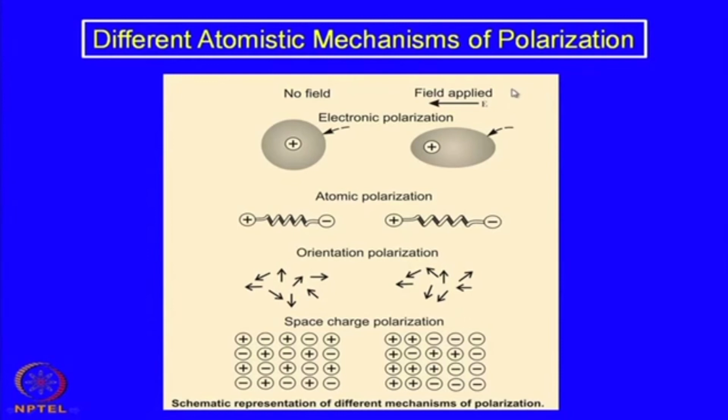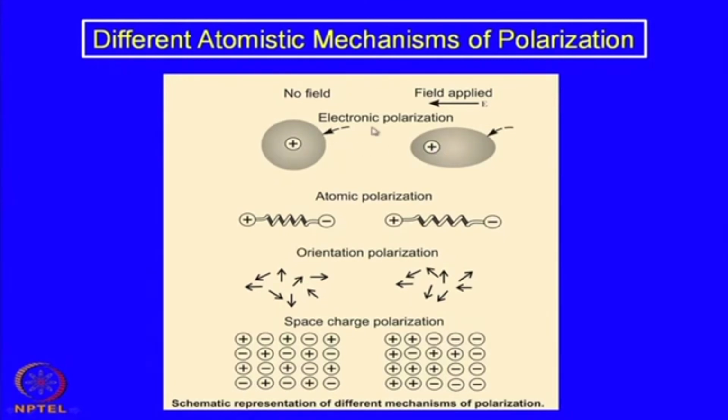But when we apply an electric field, in this direction, there is a separation. That means the electron cloud is no longer spherically symmetric, but becomes ellipsoidal. Once it becomes ellipsoidal, the center of negative charge is here and the positive charge is here, and therefore, there is a net distance of separation.